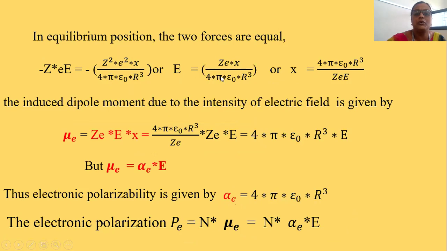So E is equal to ZDX by 4 pi epsilon naught R cube. So X is equal to 4 pi epsilon naught R cube by ZDE.